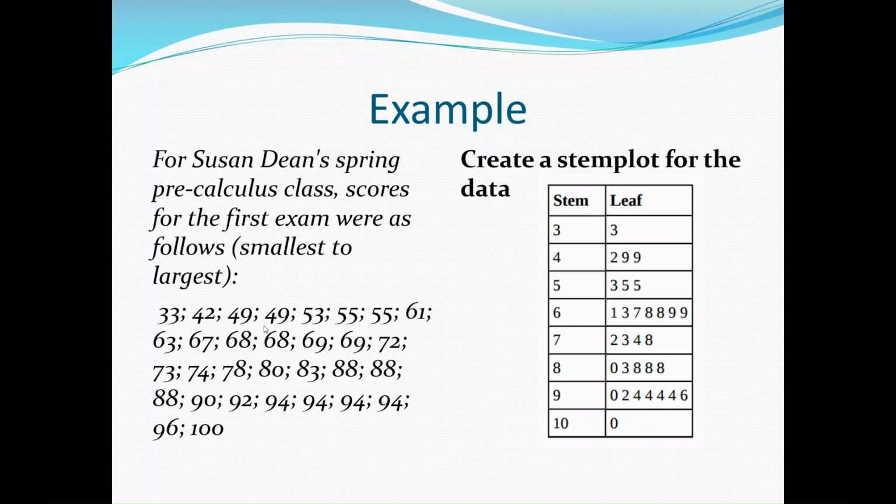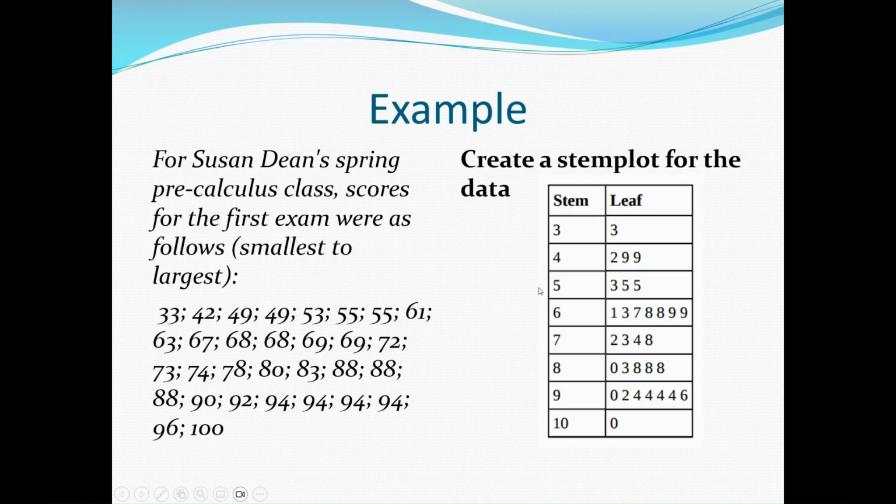Okay. So in this case, if we're looking at, say, that 33, the very first thing in our data set, the 3 for the 30 is what goes in the stem here. Okay, so basically, this first row is for 30s. The second row is going to be for 40s. The third row for 50s. The next one for 60s, and so on.